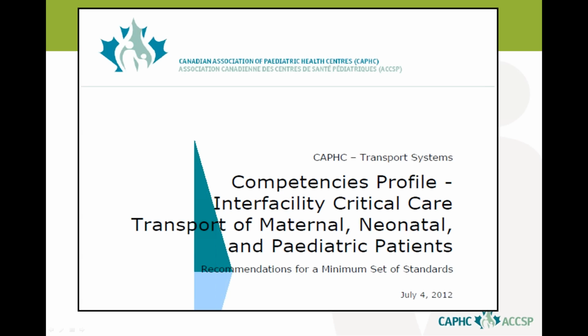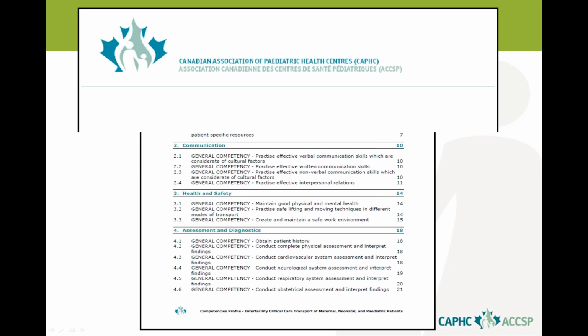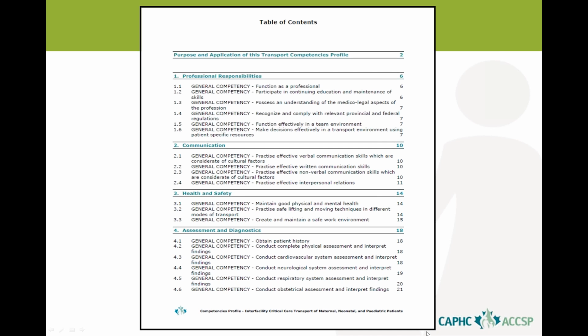So I'll just give you a view of the index for it, table of contents, and you can see that we've developed a number of categories. The professional responsibilities really touches probably on, I find the new terminology now is team intelligence. So it's talking about how does the team work effectively together.